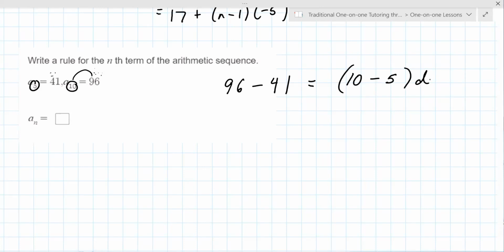Now, how did I get that? That's where this is really important. If you think of 5 and 41 as an ordered pair, 5 comma 41, and 10 comma 96, and I asked you to find the slope, do you remember how to do that?